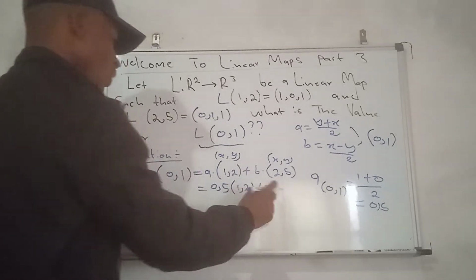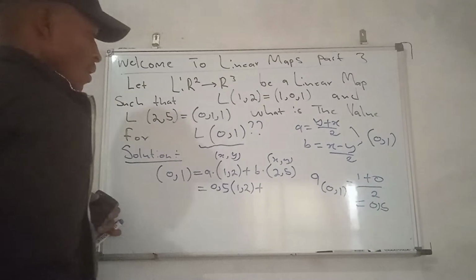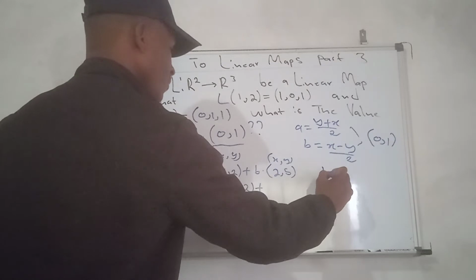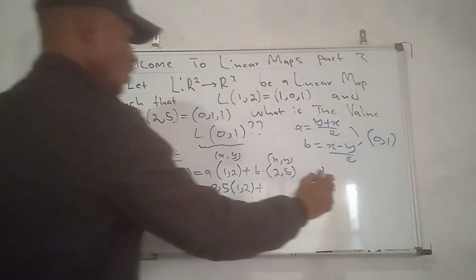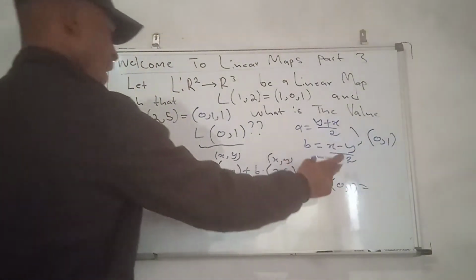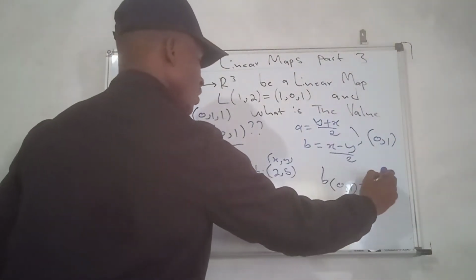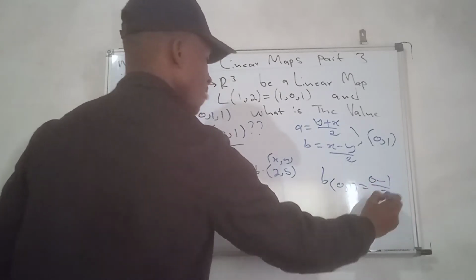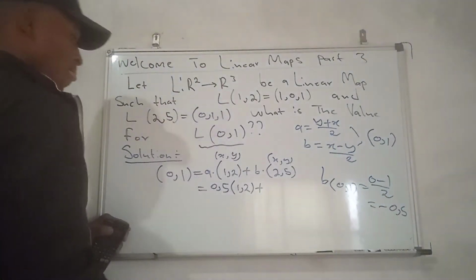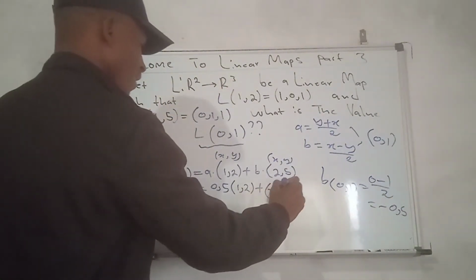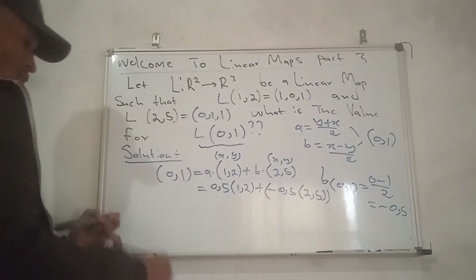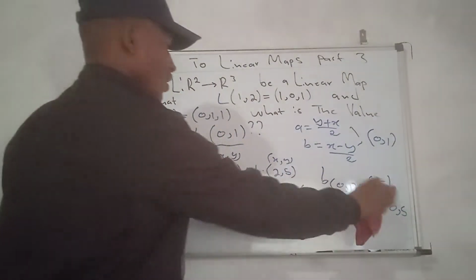What is my value for b? According to our formula, b equals x minus y all over 2. My x is 0 minus 1 all over 2. So I'm going to get minus 0.5. Let me erase this part.